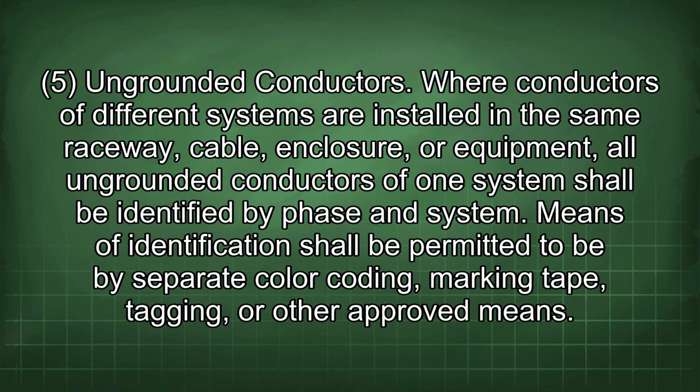5. Ungrounded conductors. Where conductors of different systems are installed in the same raceway, cable, enclosure, or equipment, all ungrounded conductors of one system shall be identified by phase and system. Means of identification shall be permitted to be by separate color coding, marking tape, tagging, or other approved means. 6.